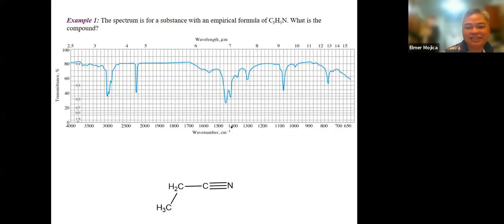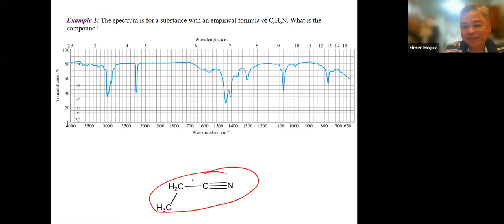Pero sabi ko nga sa inyo, for the analytical purposes, we're not going to give you this and you have to deduce this one. The way that we do it in analytical, if you have this structure and this is the spectrum, you have to assign each of the functional group there. So hanggang dyan lang yung coverage natin sa analytical.